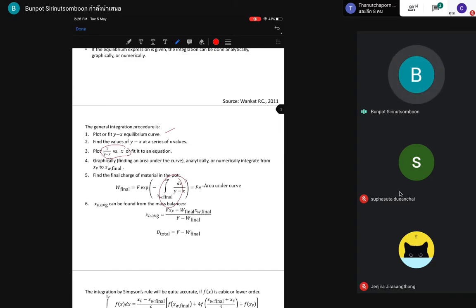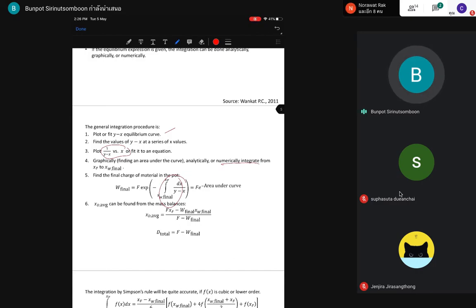Or if your equation is easy enough to integrate, you can solve it analytically, or you can use a numerical technique, though we don't talk much about it here.